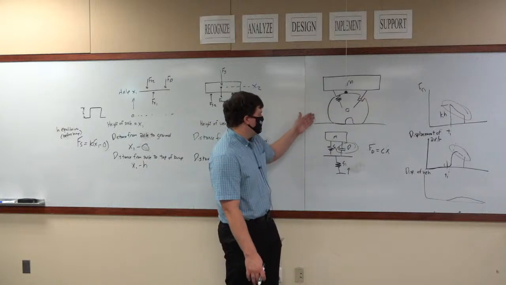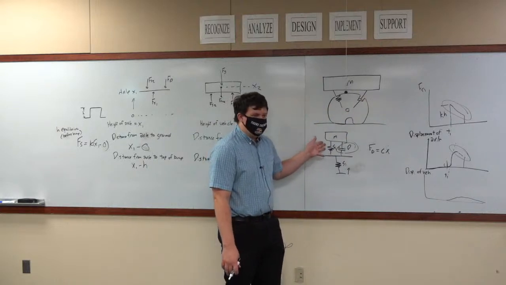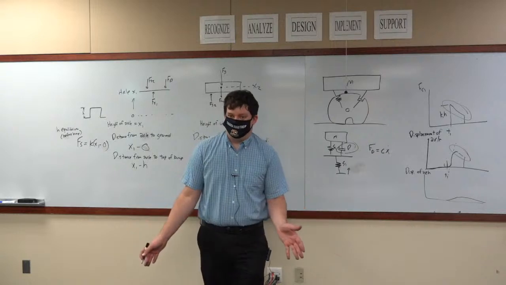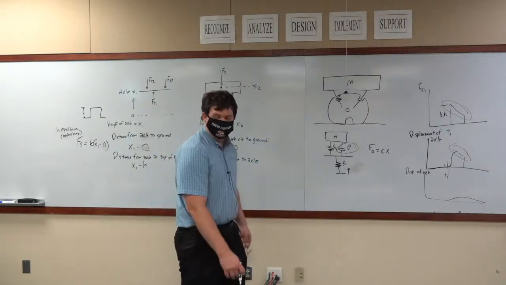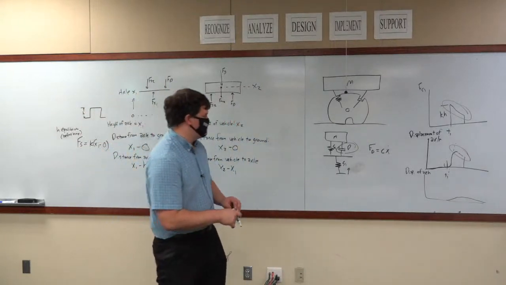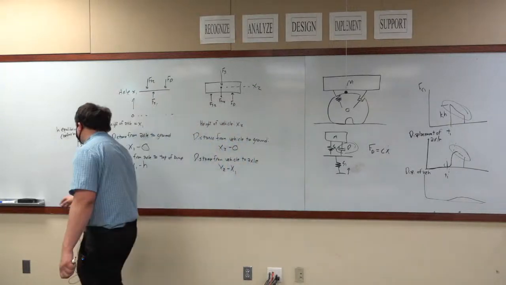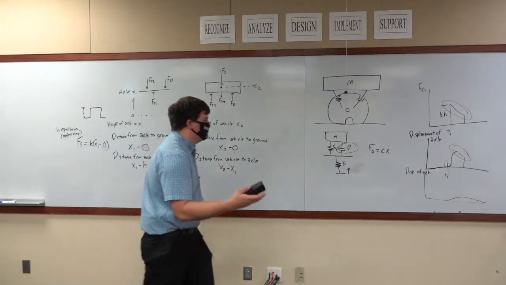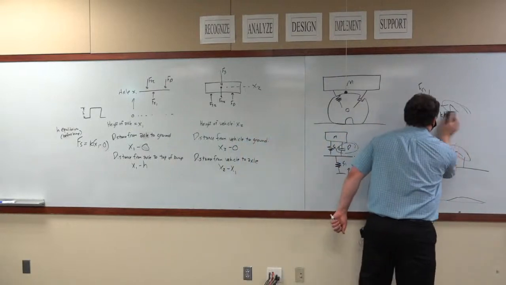If we look at this system and we do a static analysis on it, if we do a static analysis on this system, I'm going to go ahead and erase this.